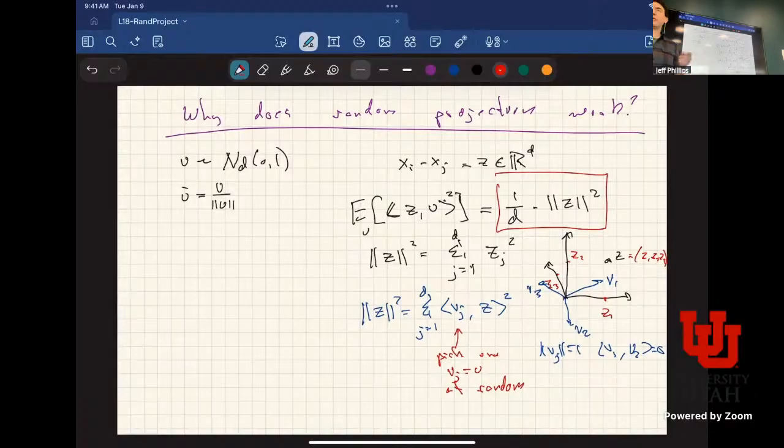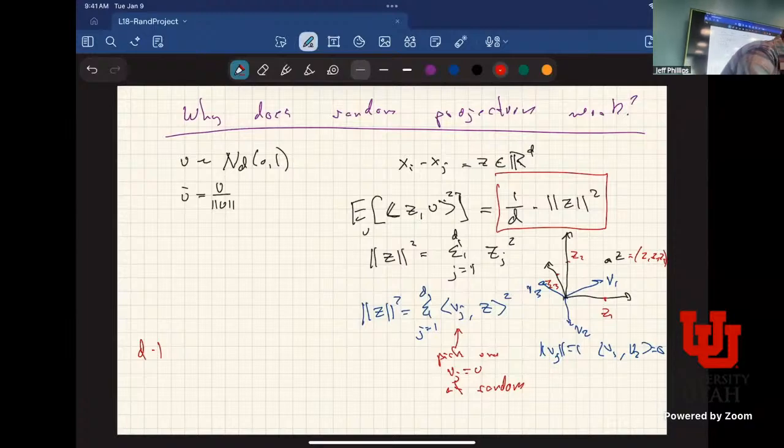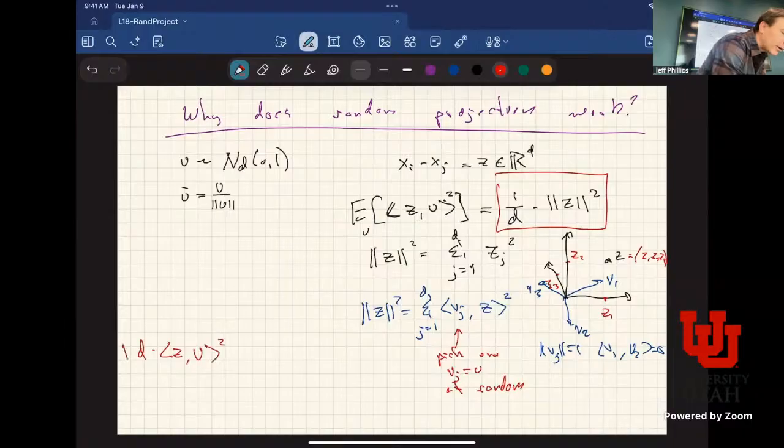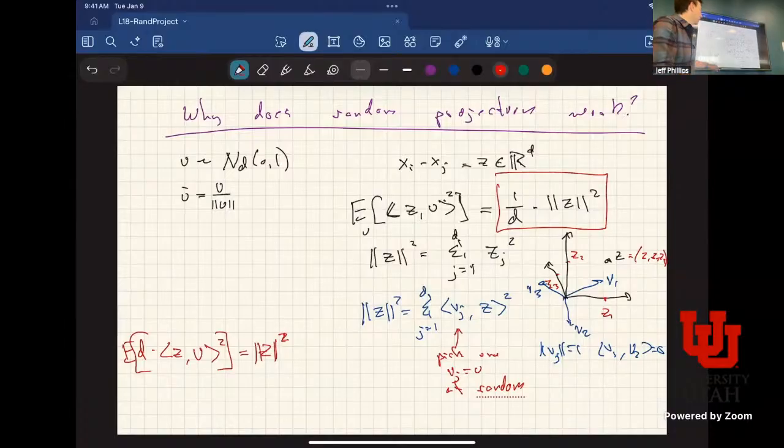So if I pick one direction at random and project onto it, I get an expectation of 1 over d of the squared norm. If I multiply this by d, I get an unbiased estimate. That means the expected value of d times (z dot u) squared is equal to the squared norm of z. It's an unbiased estimate of the squared norm.